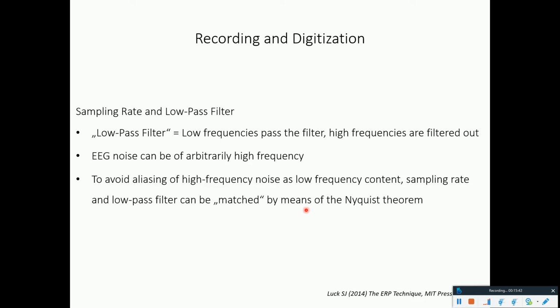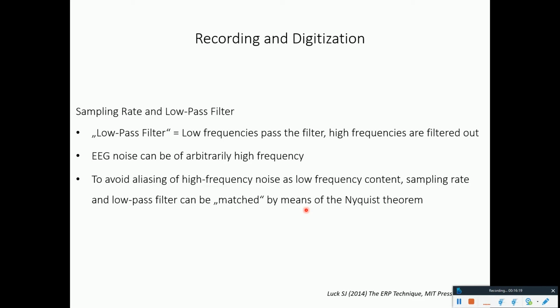one can, during recording, use a low-pass filter and match that with the sampling rate, meaning that you record in such a way that you say, okay, I don't let any frequency above 200 Hertz into what I record, because I have a physical low-pass filter, and I use a sampling frequency of more than twice this low-pass filter cutoff, so for example 400, 500 Hertz.